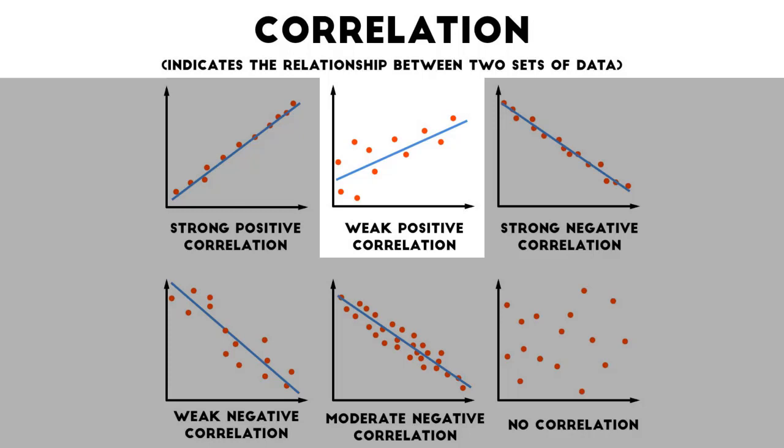For example, if you wanted to go back to shoe size and ask what other value might have a weak correlation, but not a direct one, it could perhaps be related to maybe dress size.